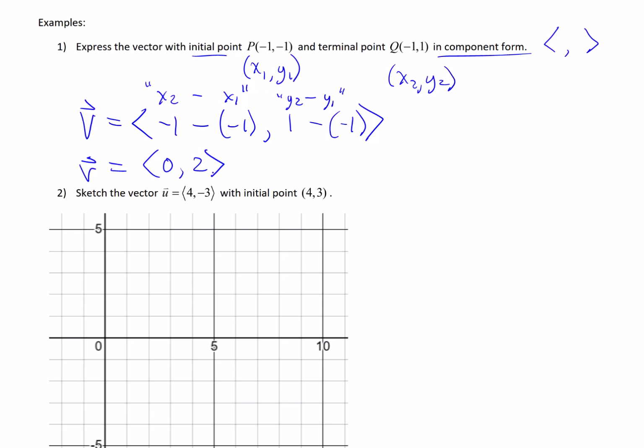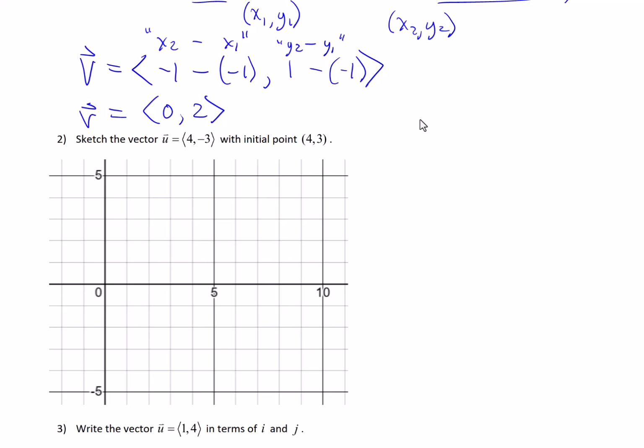So in component form, in our pointy parentheses there, we have the components 0, 2. That's the component form of vector v given the initial and terminal points defined above. We're simply computing the components by finding the difference between those point values for the initial and terminal points.